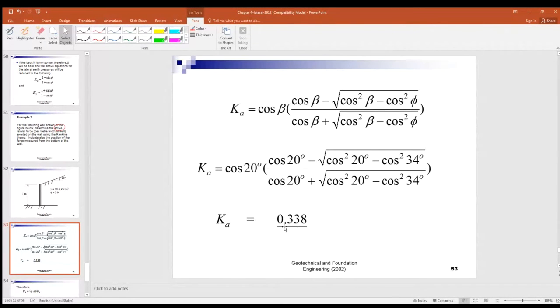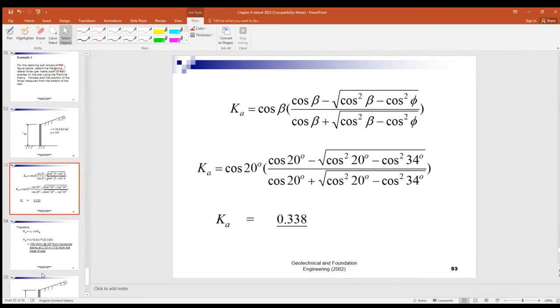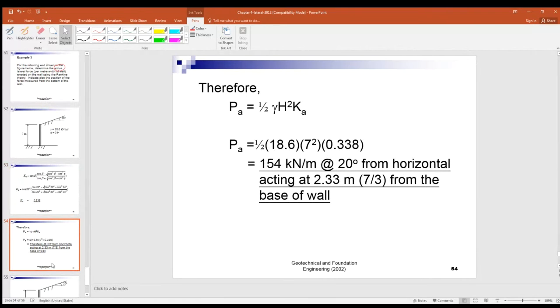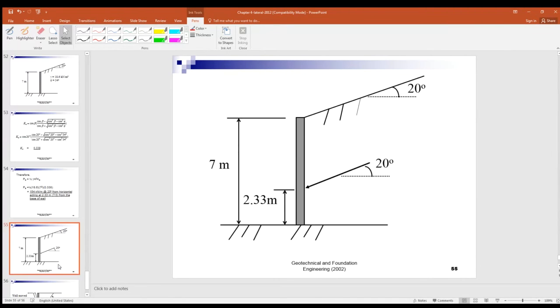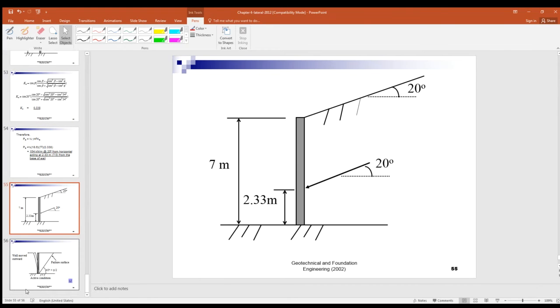So you input everything into the formula, and you get Ka equal to 0.338. And then you work out the force. One third of the 7 meters gives you 2.33 meters, and the total force will be acting at this point, and the direction again should be parallel to the sloping surface, 20 degrees to the horizontal.